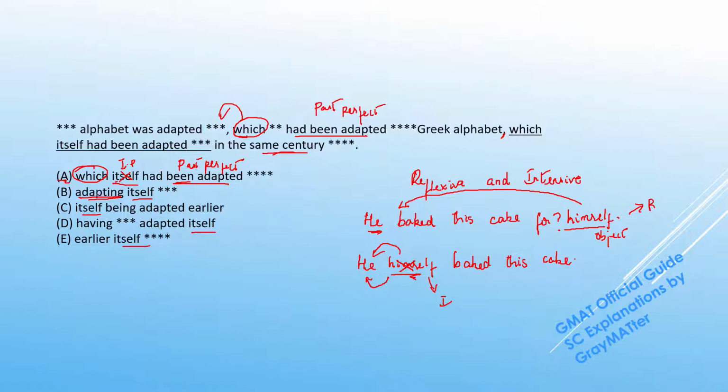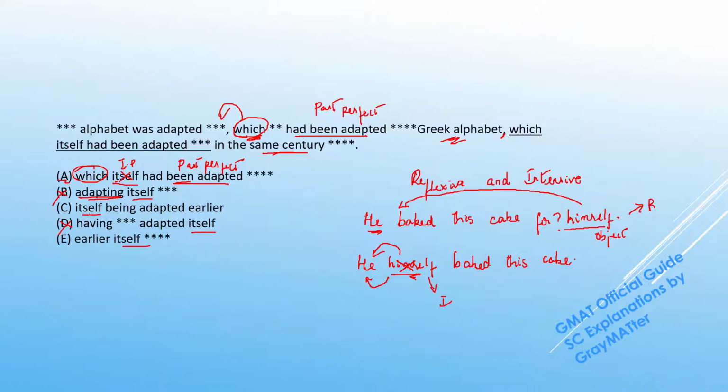But obviously, this adapting is not supposed to be referring to this particular alphabet. It's supposed to be referring to the Greek alphabet. And by the way, what does it even mean when you say adapting itself? It's not like the Greek alphabet is adapting itself. It was adapted by someone from some other alphabet, correct? So B does not make sense. That goes off. So the same mistake is there in D because it's saying the alphabet adapted itself. So this also does not make sense.